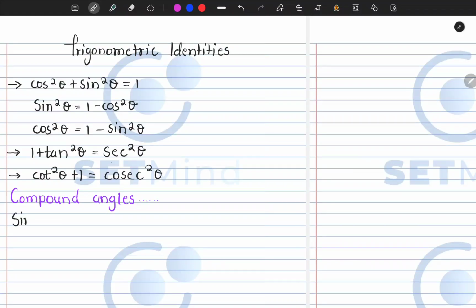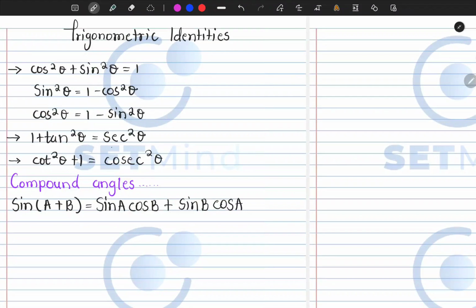Well, the first one is that if you have sine of A plus B, this is the same as sine of A cos of B, and then plus sine of B cos of A. And then if we put in a minus, you'll have A minus B equals sine of A cos of B. The minus comes in between. Then you have sine of B multiplied by cos of A.